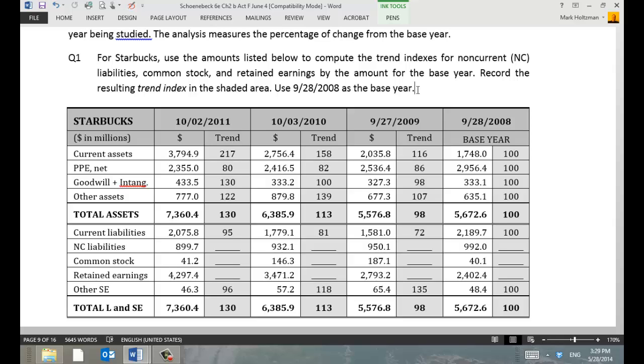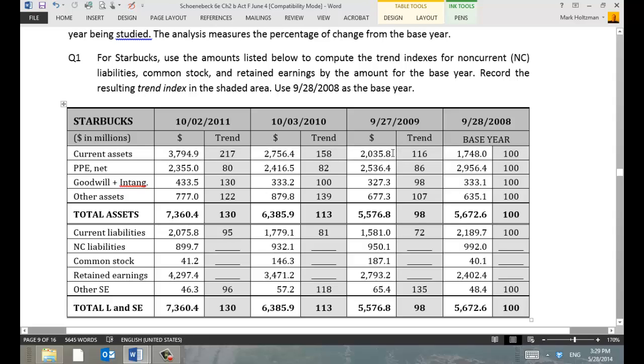The way we usually set this up is the base year is going to be 100, and then the next years will be a percentage added onto the base year. So for example, see this 2035, current assets here for Starbucks? By the way, this is total current assets.